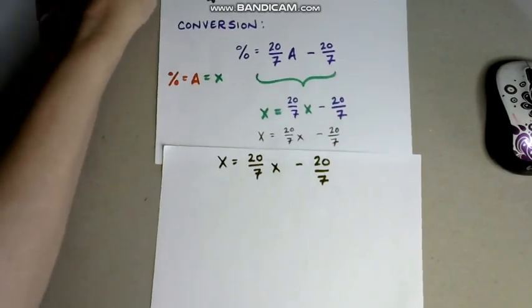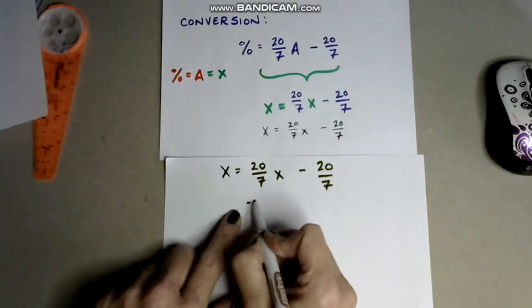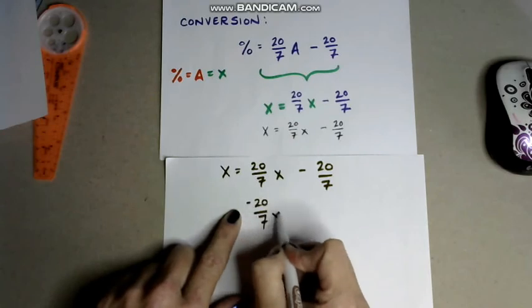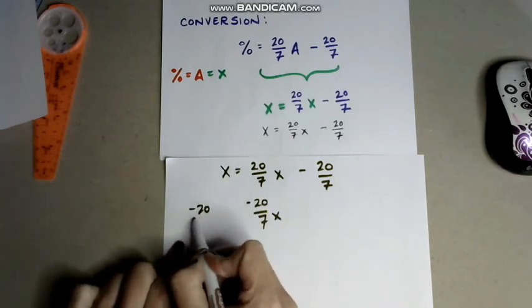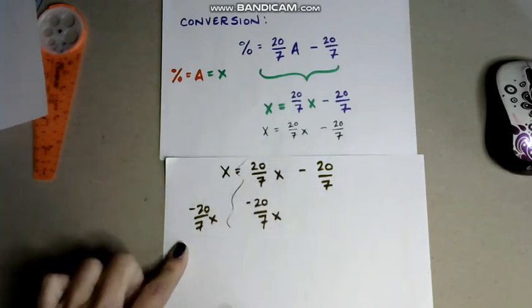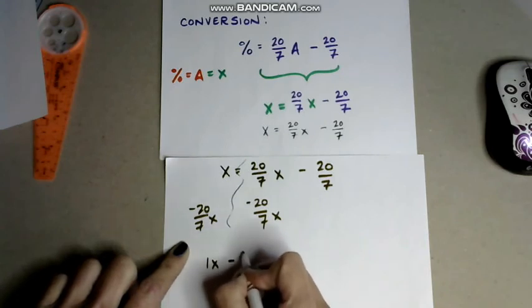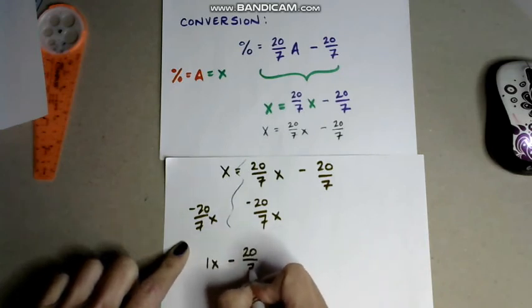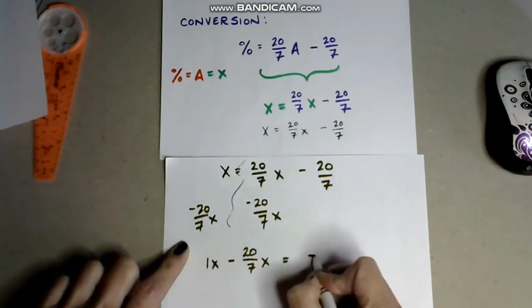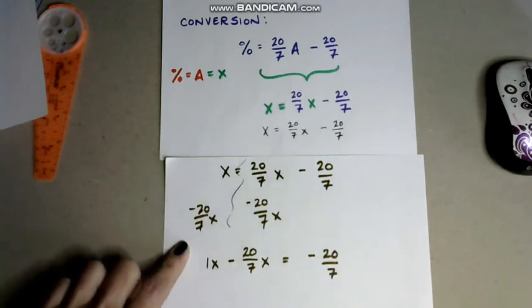Okay, scholars, collect your like terms. I'm going to subtract 20 over 7 x from both sides. So what I get is 1x minus 20 over 7 x equals negative 20 over 7.